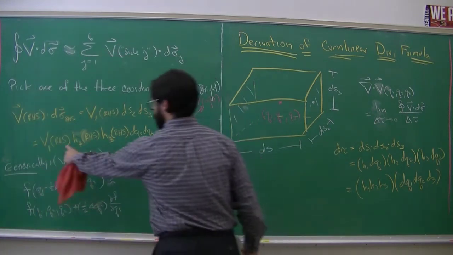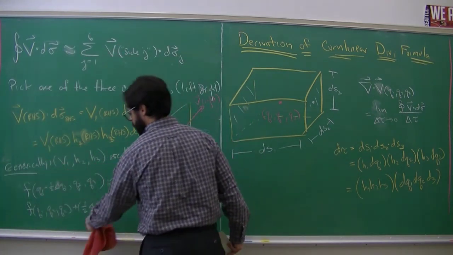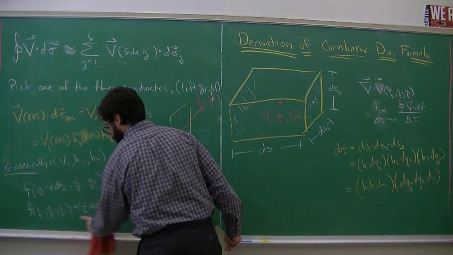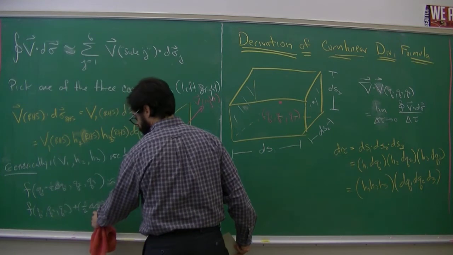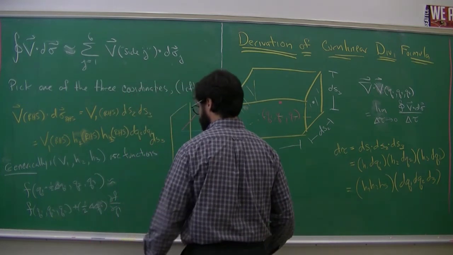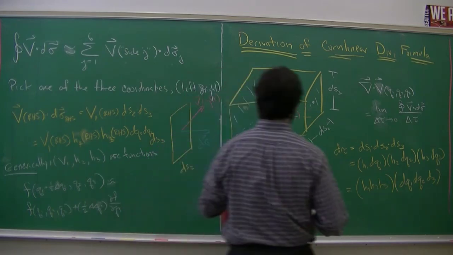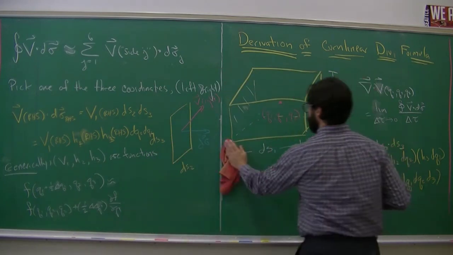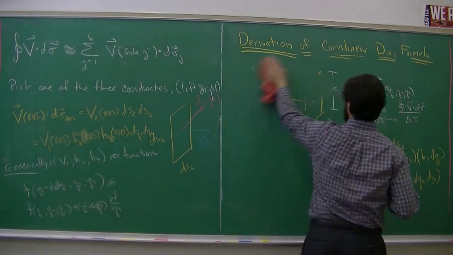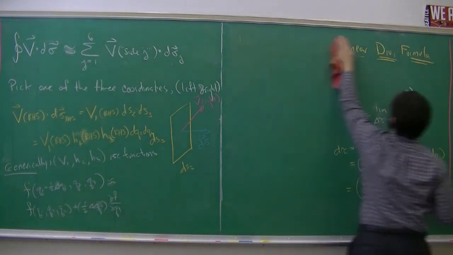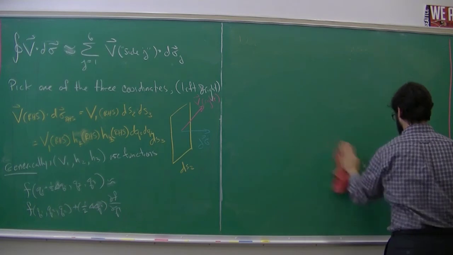I have 1, 2, 3 things to Taylor expand. Each one will get two terms: one that is evaluated at the center, plus delta Q1 over 2 times the partial derivative of V or H2 or H3 with respect to Q1. I'm just going to say that happens. It's a really uninteresting and not difficult calculation, just a lot of terms to keep track of.